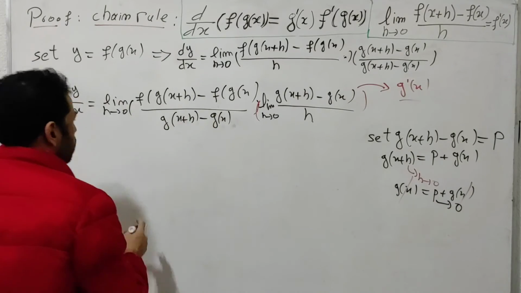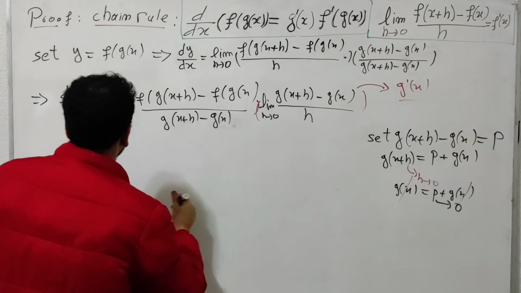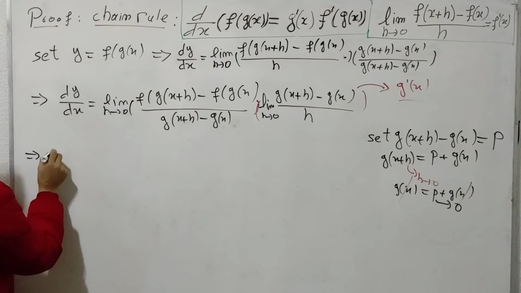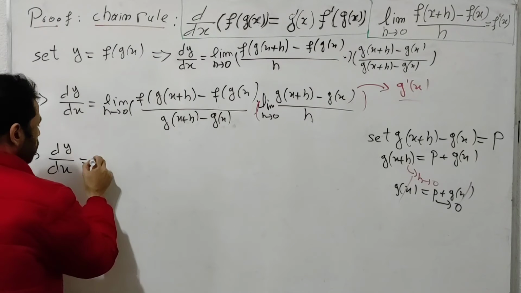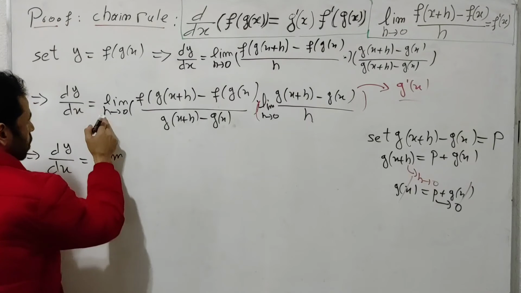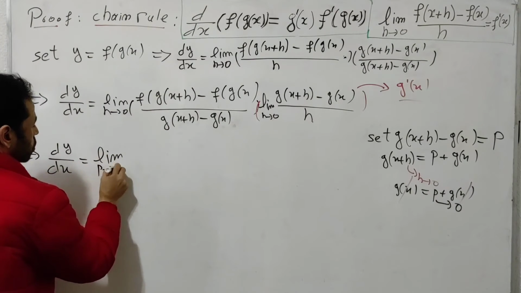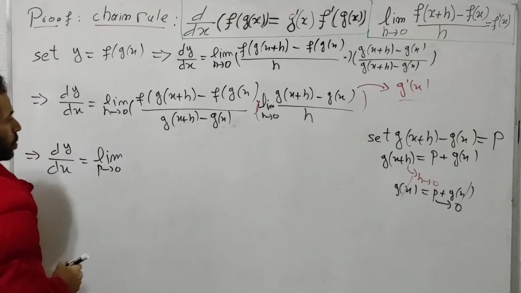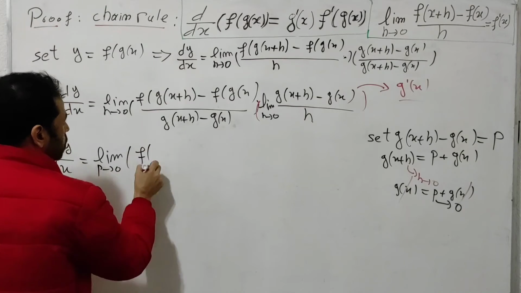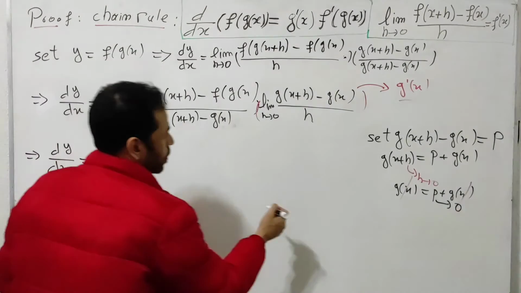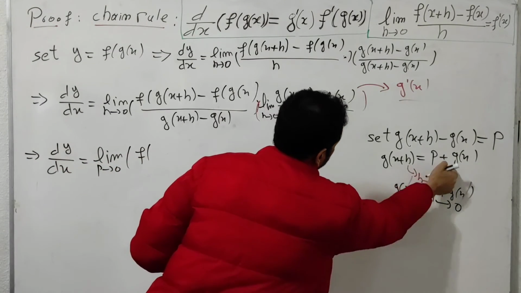So now by doing the substitution, I will get dy over dx equal to the limit as p goes towards 0, because we found out p is going towards 0. So this one, I'm going to replace g of x plus h with these two terms.